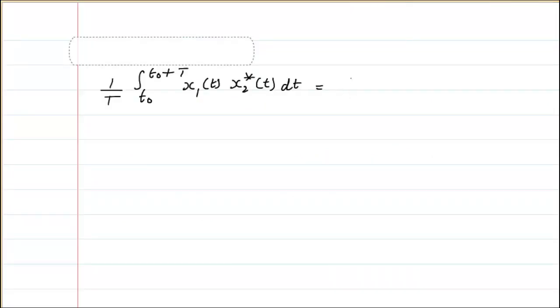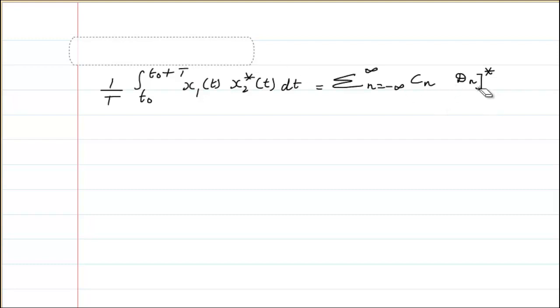LHS is equal to summation n is equal to minus infinity to infinity Cn, and now within the brackets it is dn conjugate. Clear? I need not put the bracket as such.